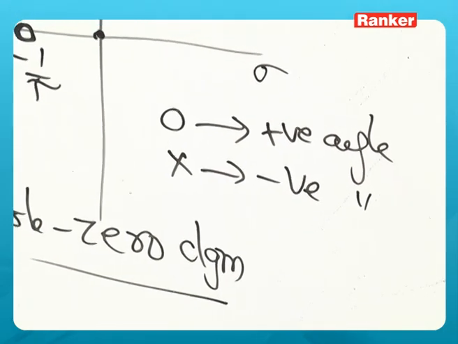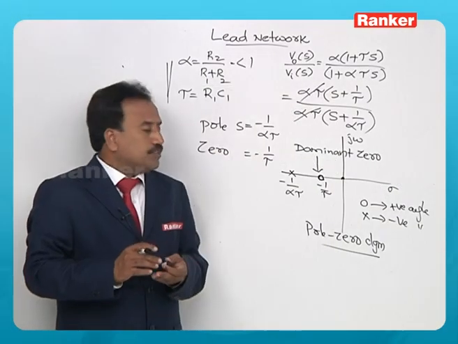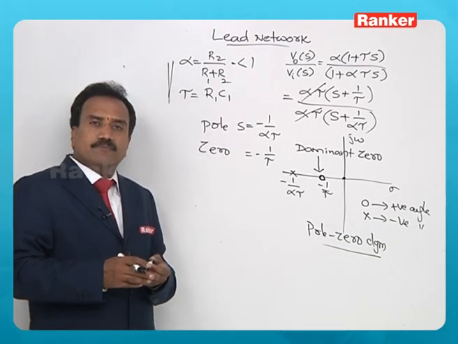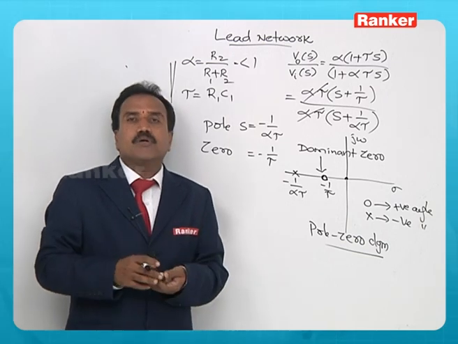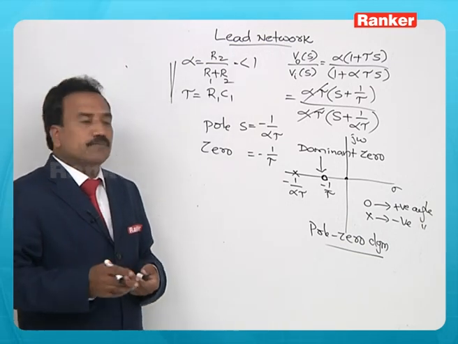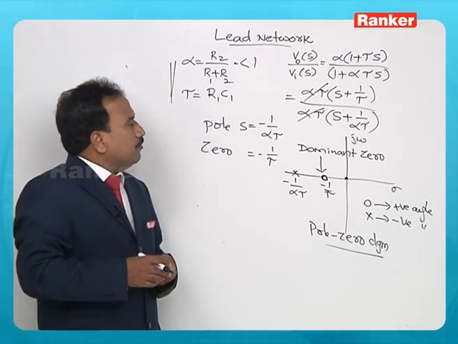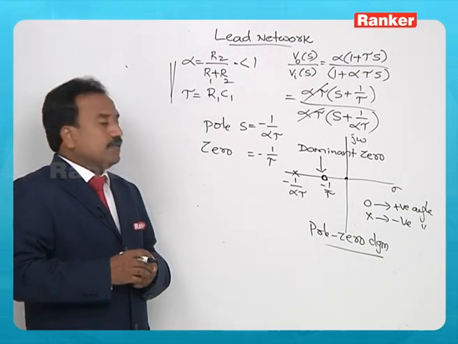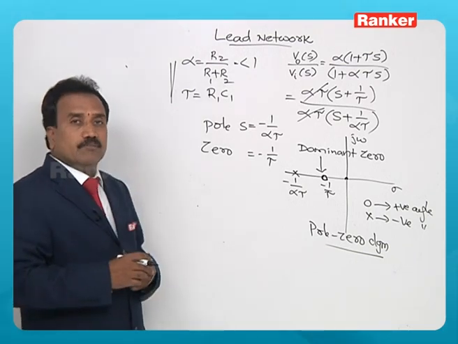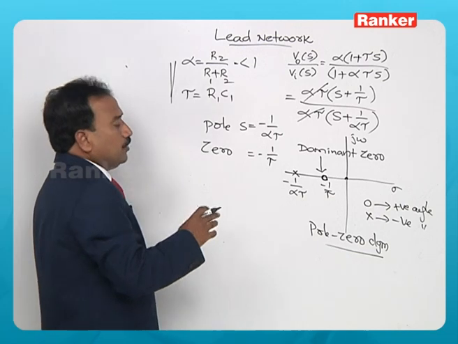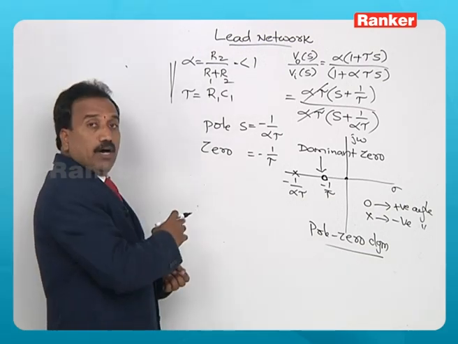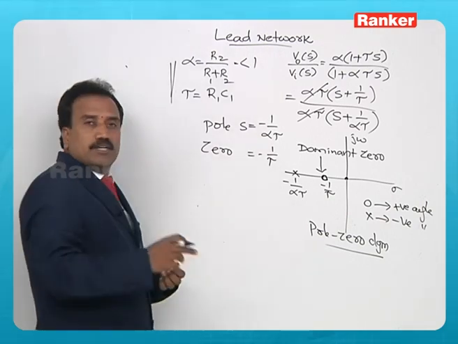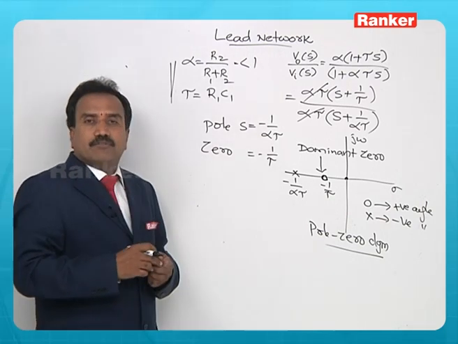You can remember in a simple way that if the zero is closer to the origin, it is a lead network because it contributes positive angle to the system. So, it is called a dominant zero, and it is a lead network. It creates a zero and a pole, but the zero is closer to the origin and the pole is far because alpha is less than 1 in the lead network.